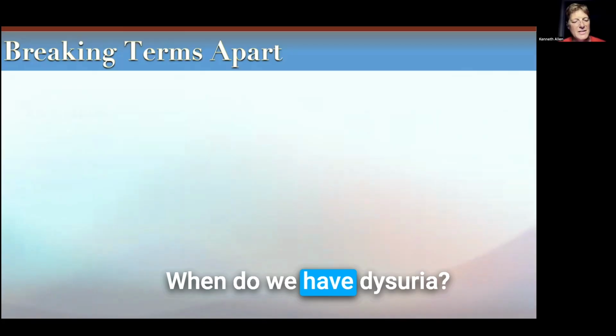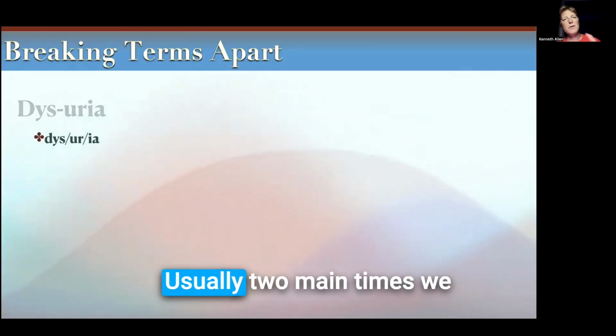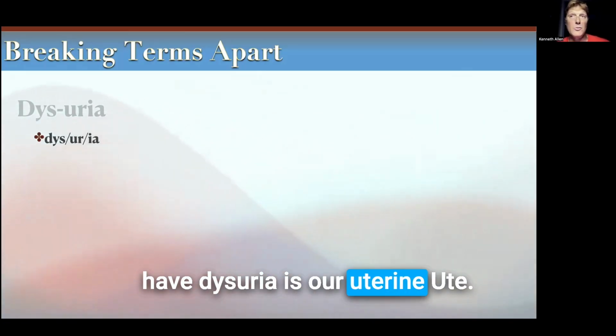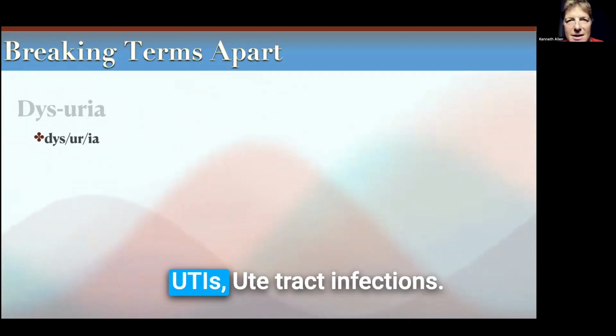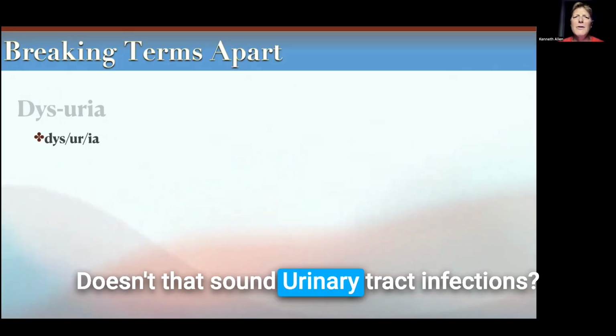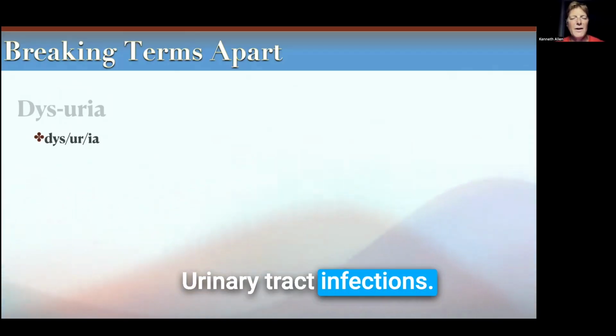When do we have dysuria? When do we talk about dysuria? Usually two main types. We have dysuria in urinary tract infections, UTIs.